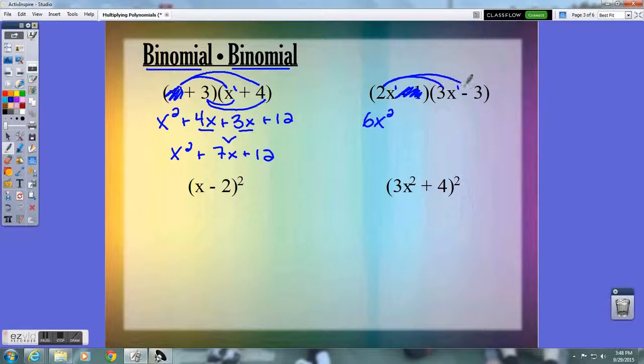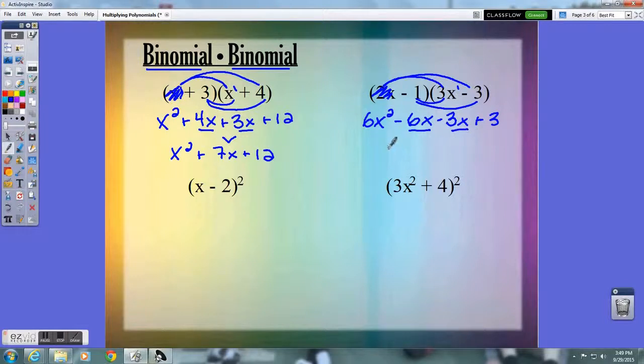And then 2x times negative 3 is negative 6x. And then I reset. So I'm going to bring the negative 1 back in, and instead I'm going to forget about the 2x. So negative 1 times 3x, and negative 1 times negative 3. So I end up with negative 3x and then plus 3 when I do the negative 1 times negative 3.